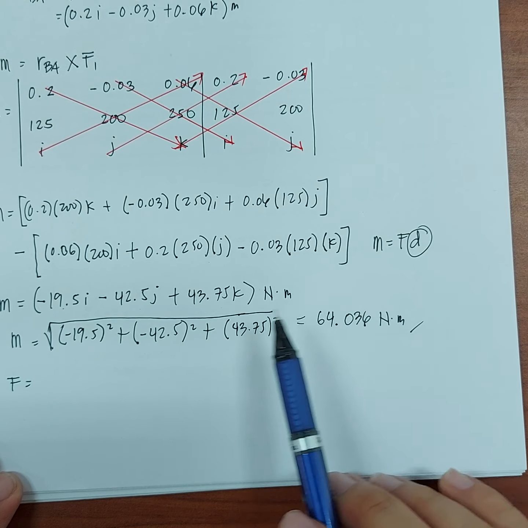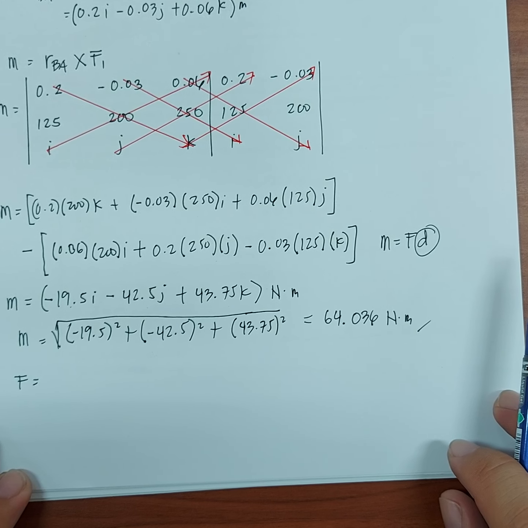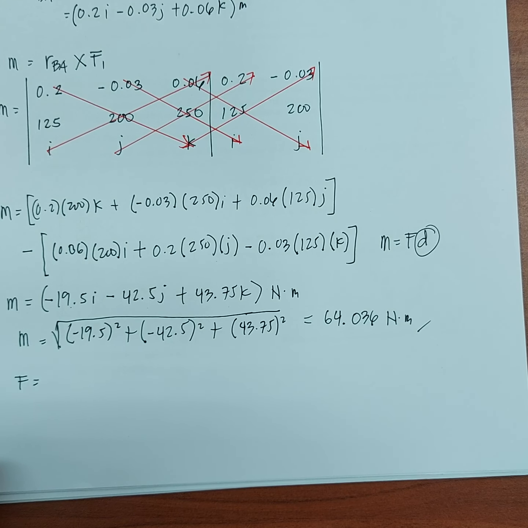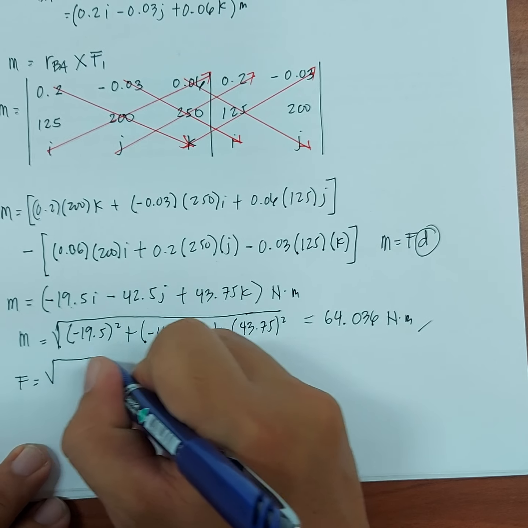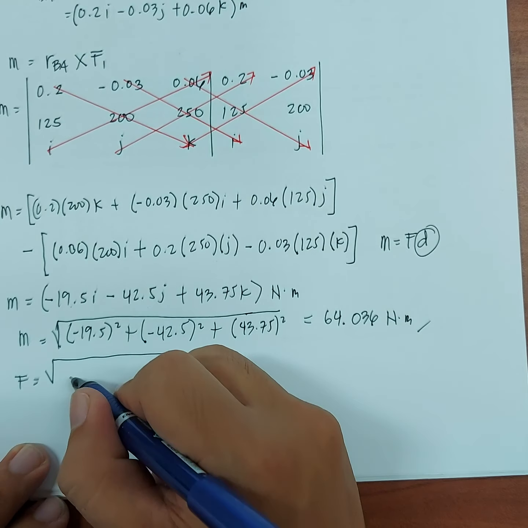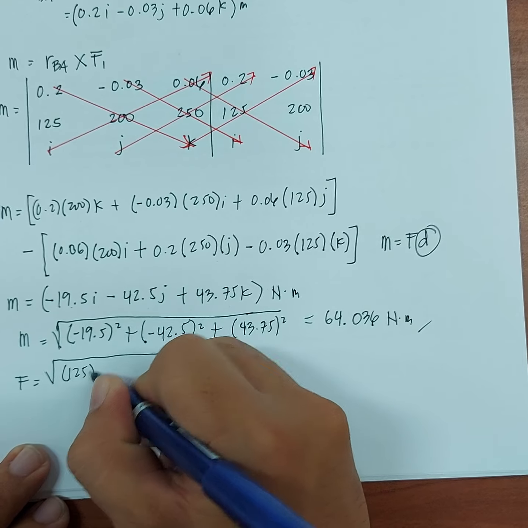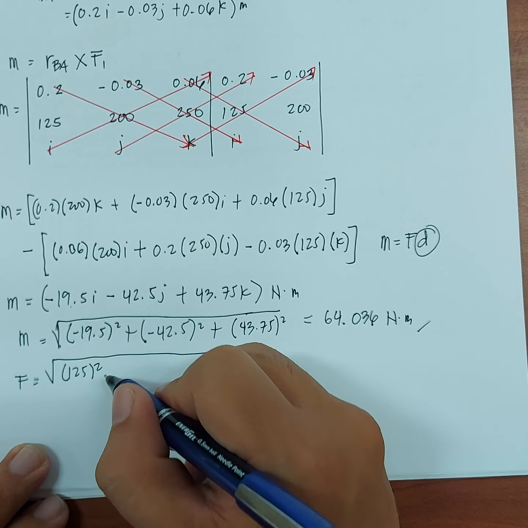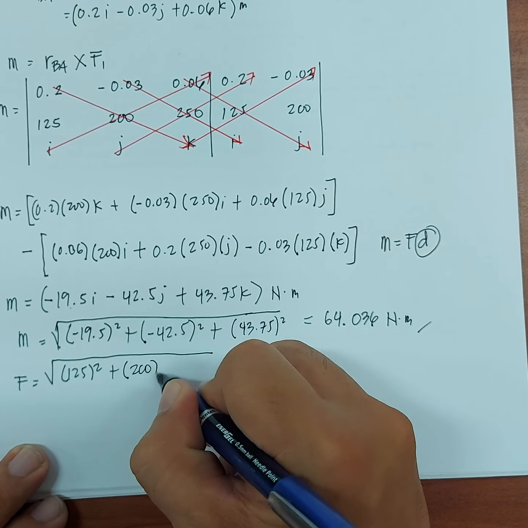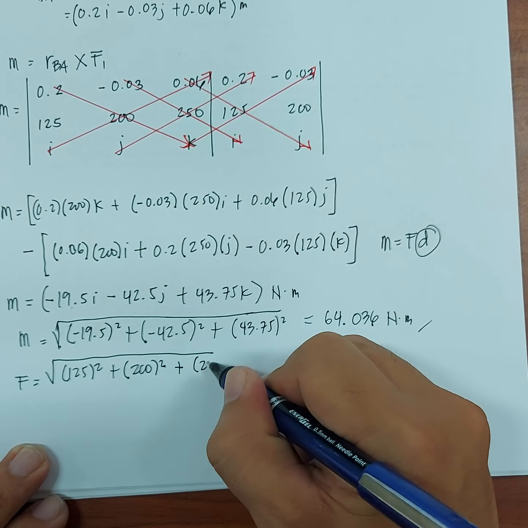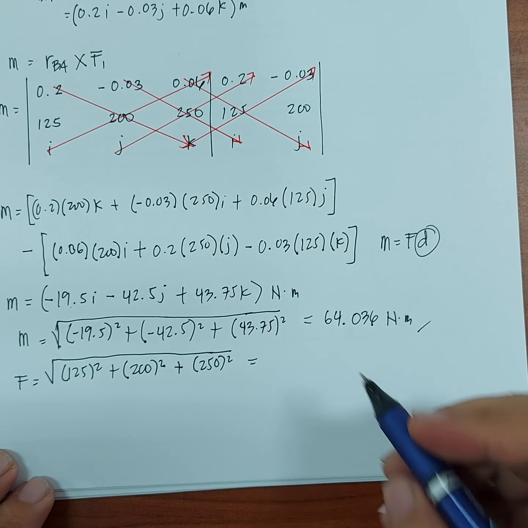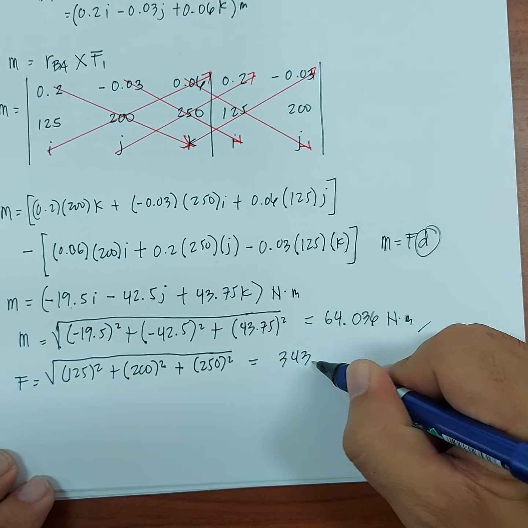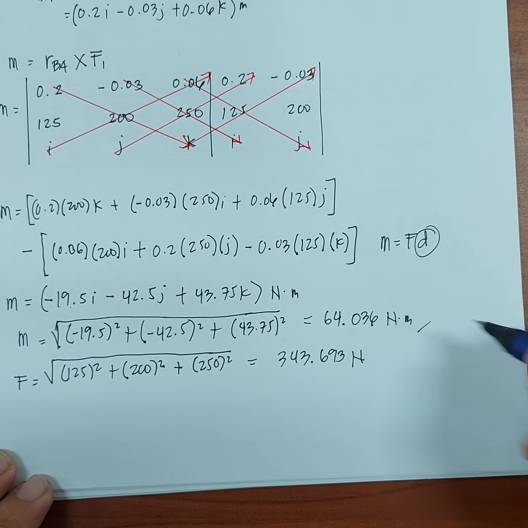F is equal to, so given naman na yung Cartesian vector form ng F natin. So, we can simply easily solve for the resultant force. So, we have the square root of the quantity 125 squared plus 200 squared plus 250 squared. So, the resultant is 343.693 Newton. So, kompleto na.